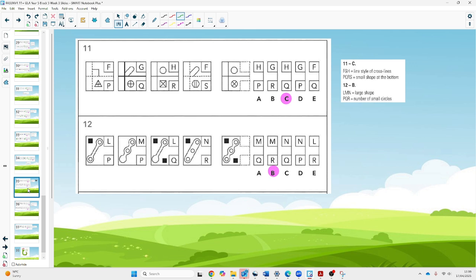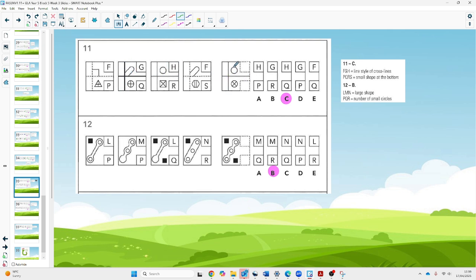Question 11, we've got the answer as C. So FGH, the line style cross lines. So we can look here very carefully at these, where it says these cross lines. It's talking about these lines here in the figure. So we know that that first one, of course, is dashed. And we need a sort of a bold line, but not as thick bold as that.